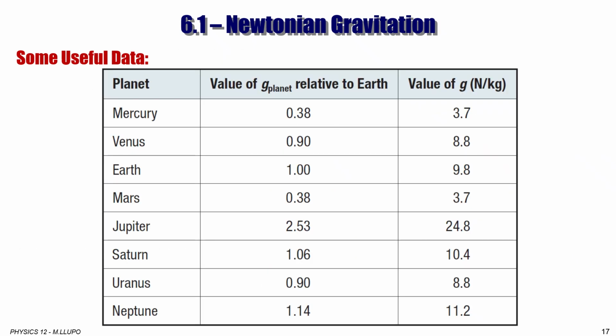In this table, you will see some useful data. In one column, you see the value of the planet's gravitational field strength relative to Earth, and the absolute value of that same respective gravitational field strength in newtons per kilogram.